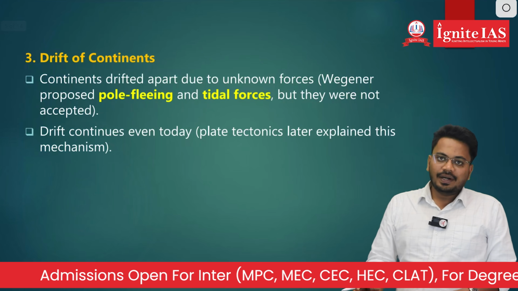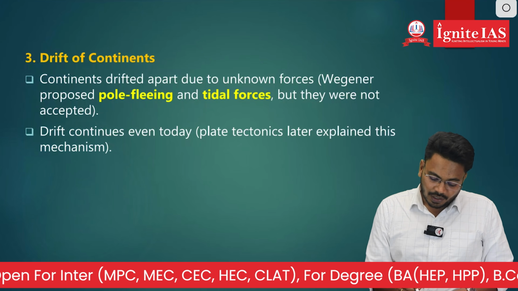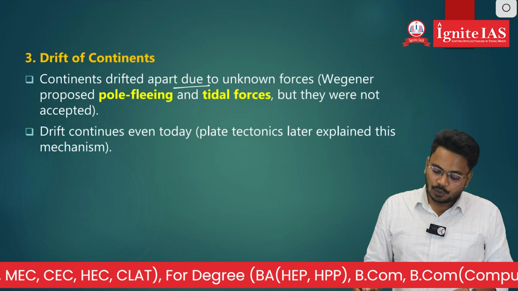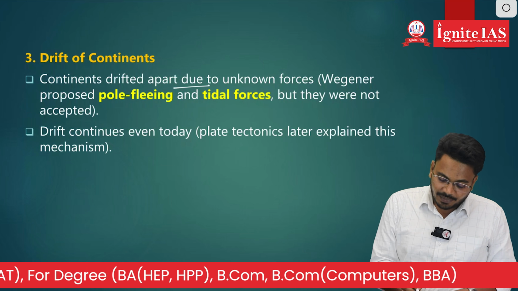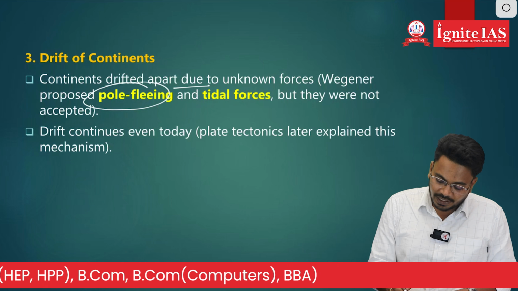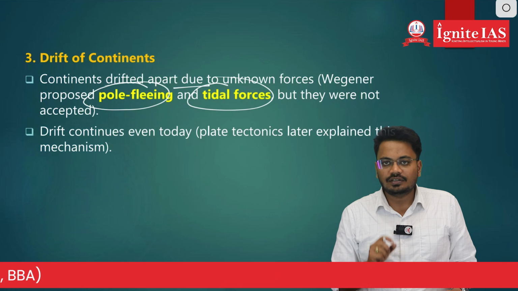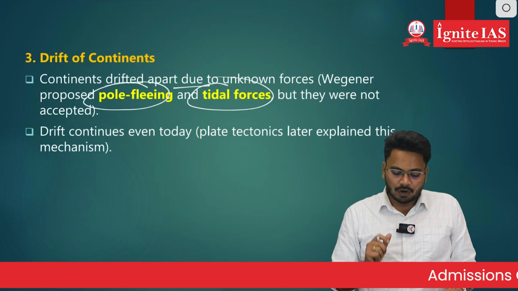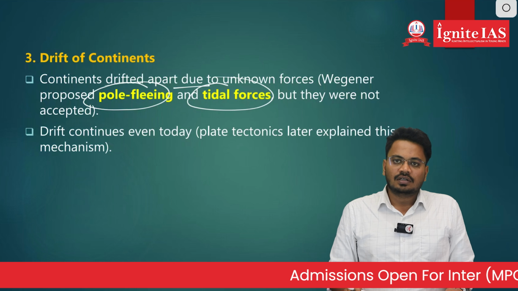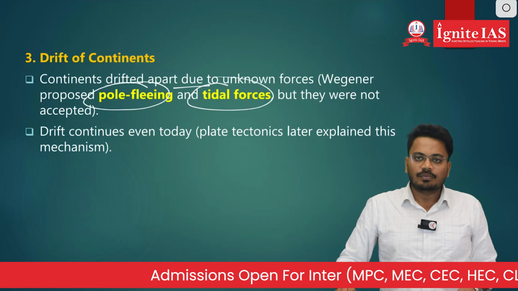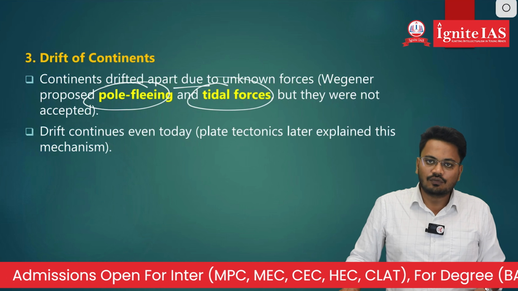Now what happened? He says that the continents drifted apart due to unknown forces, and he names these forces pole fleeing force and tidal force. Now, what is a pole fleeing force and what is a tidal force? First we will understand what is meant by pole fleeing force.